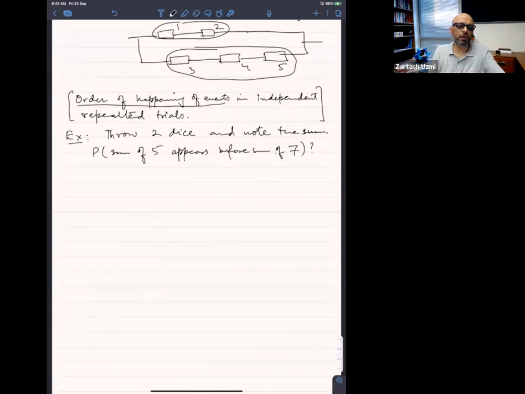So 50% chance होना चाहिए कि 4 पहले आ जाएगा, 50% chance होना चाहिए कि 6 पहले आ जाएगा. We don't care about the other numbers. We do care about only 4 and 6. So 50% chance है that 4 will come before 6 and 50% chance that 6 will come before 4. Okay? So intuitively ऐसा लगता है कि 50% इसका आंसर होगा. And really the answer is 50%.